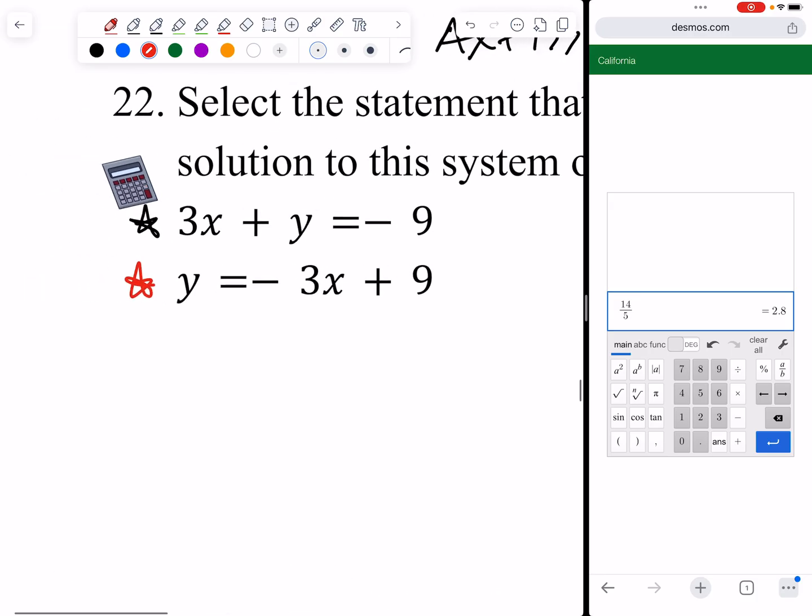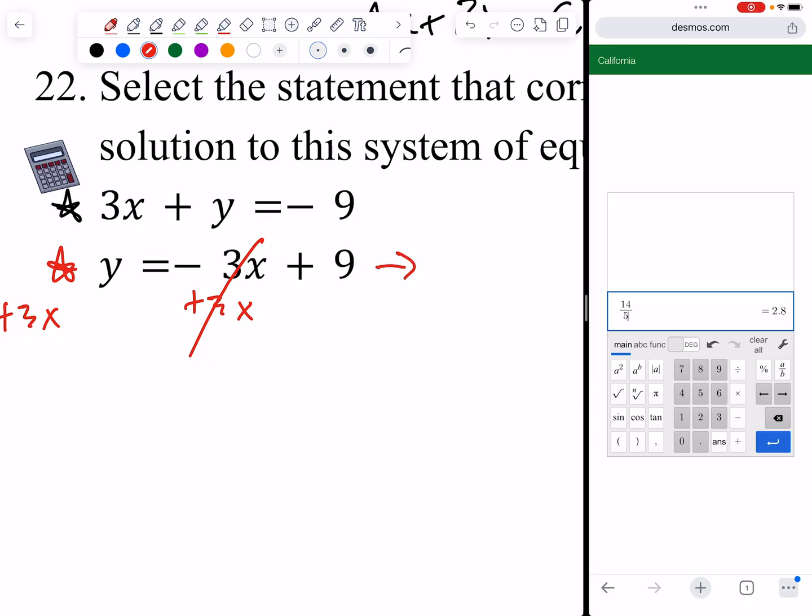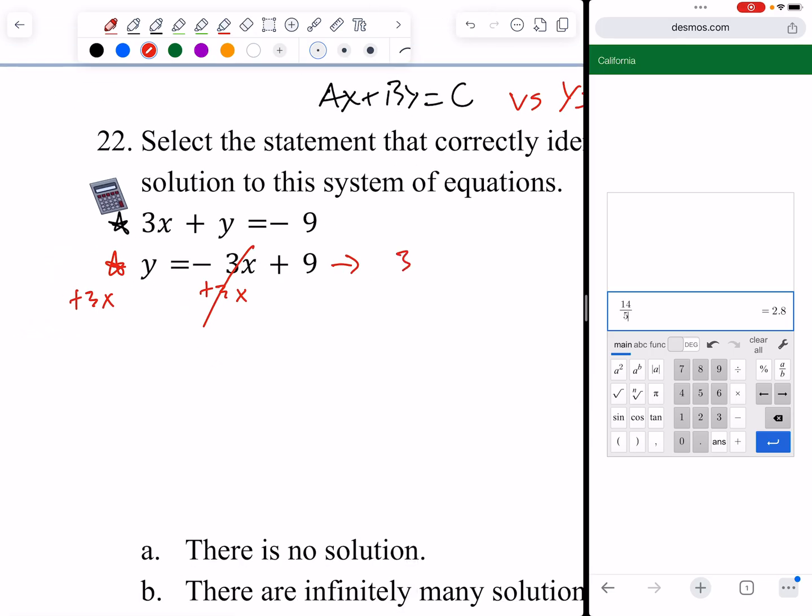So if you don't know what I'm talking about, I can simply just add the 3x and add the 3x, and you see how I get, what do I get? 3x plus y equals 9. And on top, I get 3x plus y equals -9. See? Not a big deal, right?